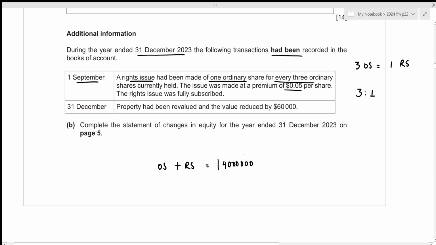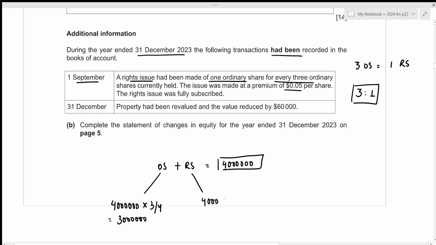So we can just divide this value of 4 million on the basis of this ratio in order to get the starting balance of our ordinary share and then the number of rights shares as well. So for our ordinary shares, that is just going to be 4 million times 3 by 4, which is 3 million. And the number of rights shares will be 4 million times 1 by 4. That's 1 million.